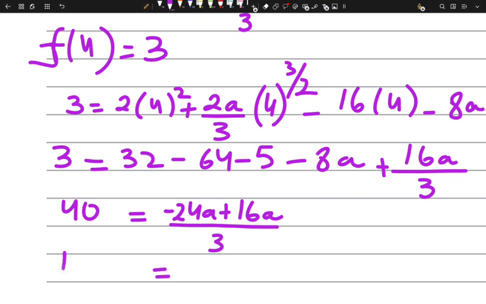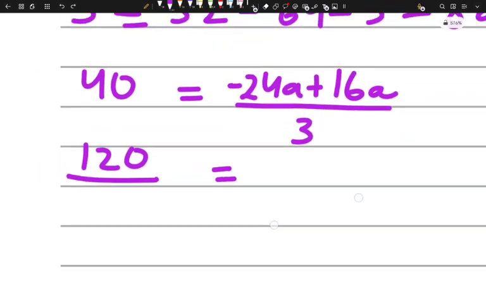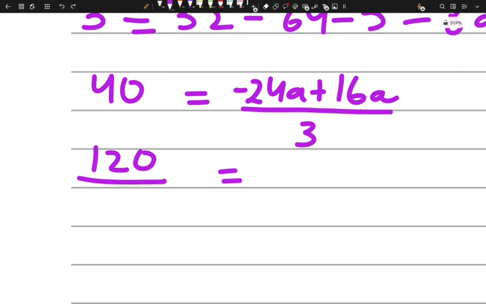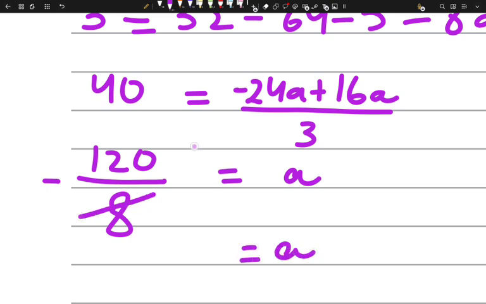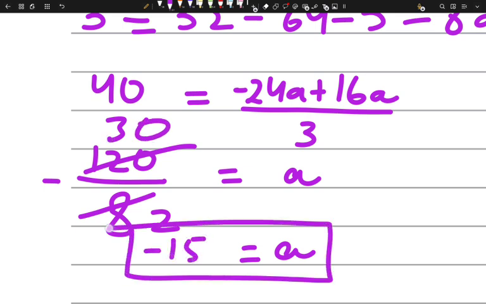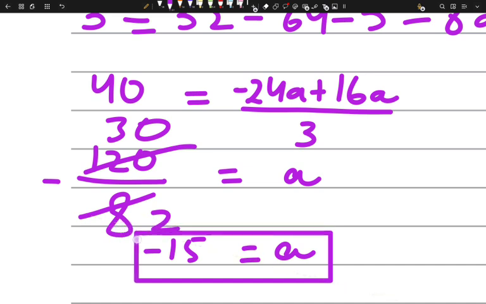Now simplify this further. It's going to be 120 upon 8, negative. It turns out to be minus 15. Finally, we have the answer. A is negative 15.